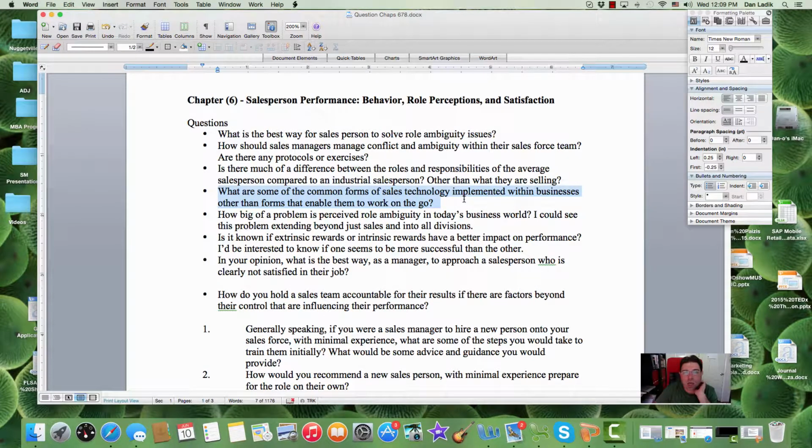What are some of the common forms of sales technology implemented within businesses? Well, most firms have some kind of centralized CRM database.